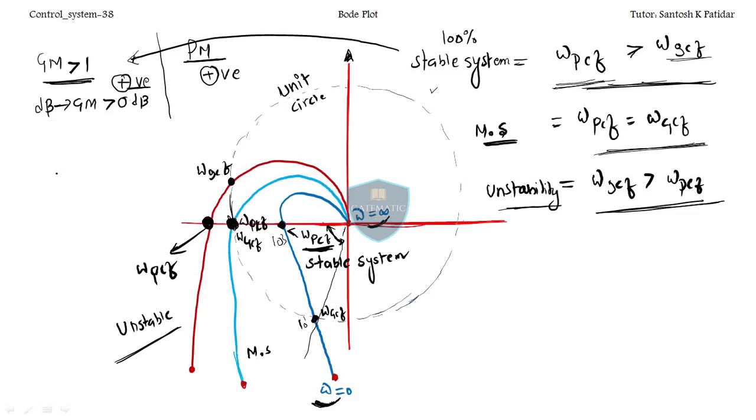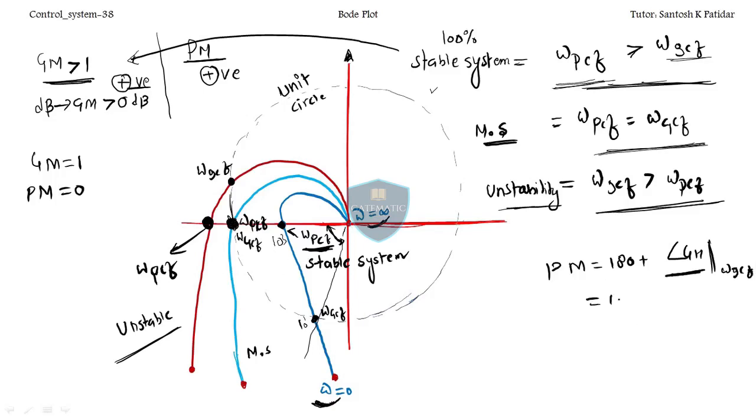And what about the next one? For the marginally stable system, the gain margin will be 1, isn't it? The gain margin is 1. What about the PM? The PM will be 0. The formula of PM is 180 plus angle of GH at omega GCF. So at exactly this point, we are calculating the angle clockwise.